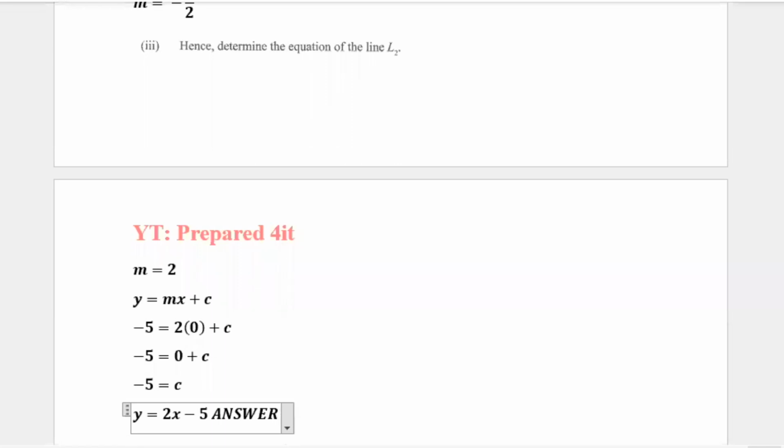And let me just work it for those who didn't see how we got the gradient. Remember, the product of the gradients of perpendicular lines is -1. So what we expect is that the gradient of line 1 multiplied by the gradient of line 2 should be equal to -1.